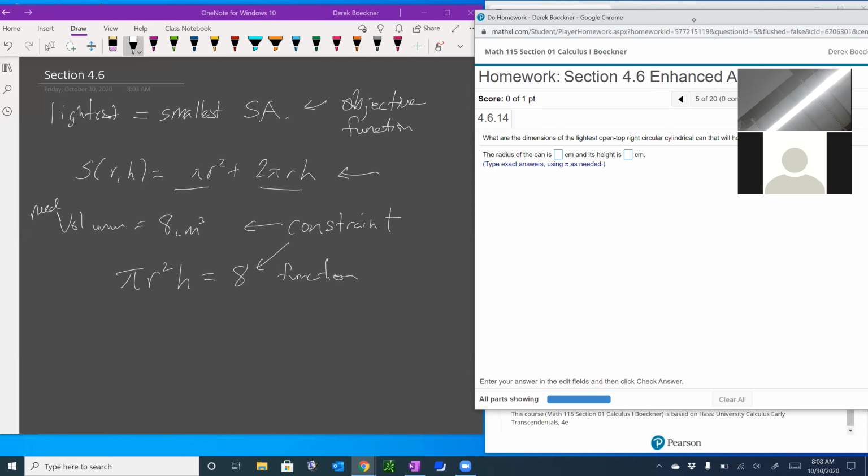Yeah, solve for one of the variables. h looks like it's probably the easiest thing to solve for. I don't have to take a square root or carry that around anywhere. So we're going to go h equals 8 over pi r squared.